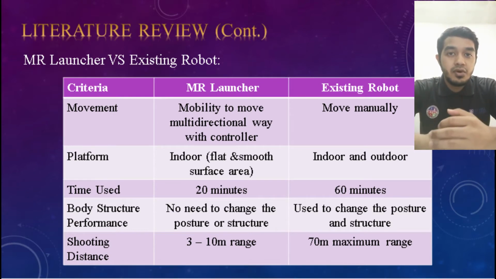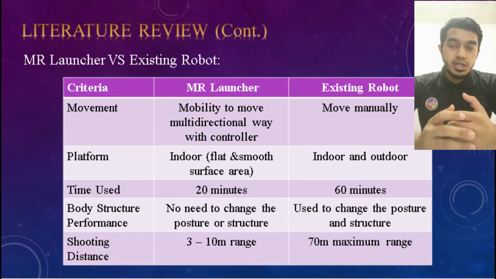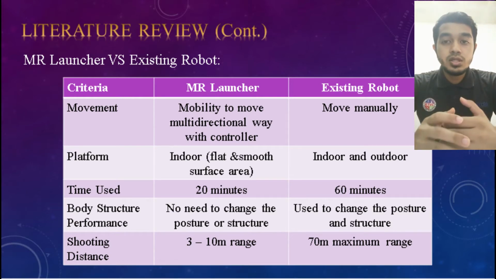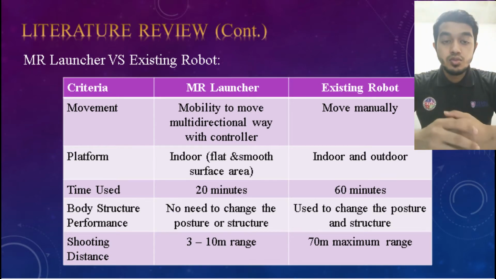The time of use for the MR launcher is 20 minutes only, while the existing robot is 60 minutes. For body structure and performance, there is no need to change the posture and structure for the MR launcher, while the existing robot has to change its posture and structure in order to launch the ball or to move.